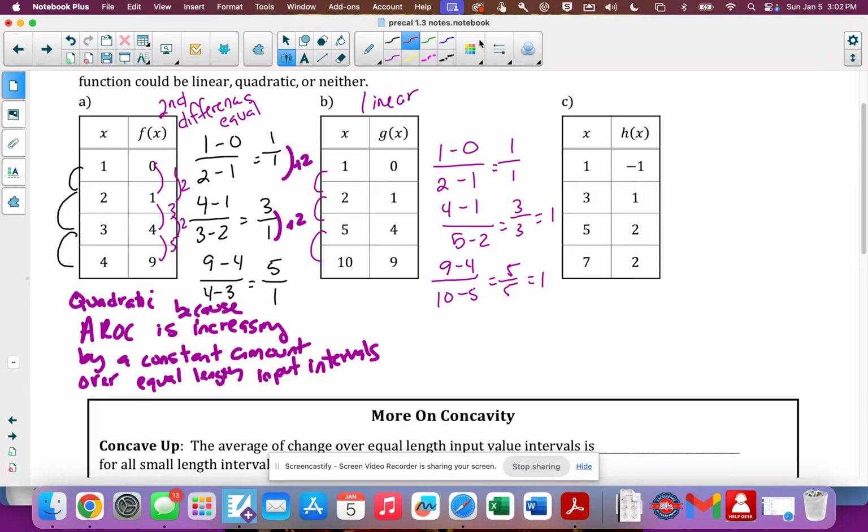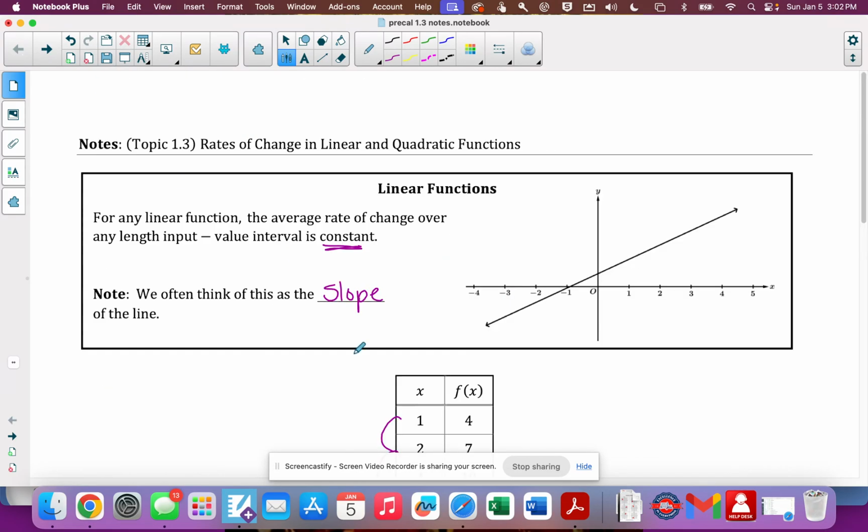And if we're going to write it out in words, as far as how we explain it, linear because the average rate of change is constant. Now, notice what I said before about how the average rate of change was linear.